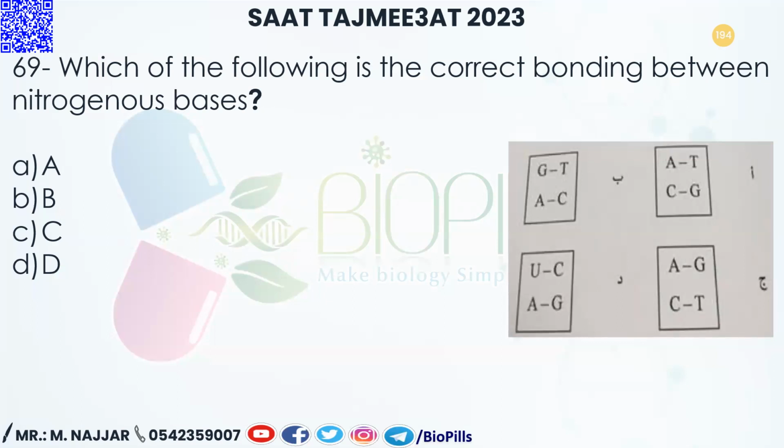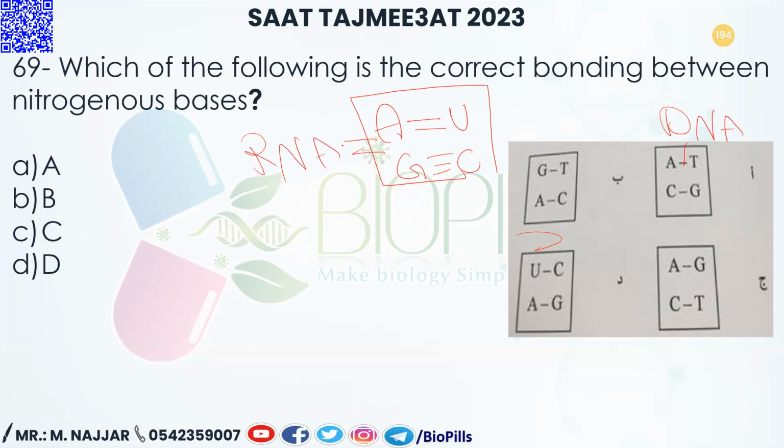Yes, that's true. Sorry, that's in DNA. And in RNA, adenine is paired with uracil and guanine still with cytosine by triple hydrogen bond, and this is only in RNA.